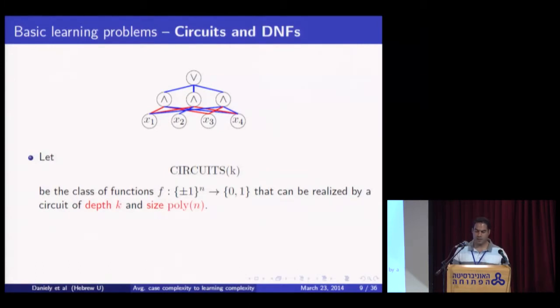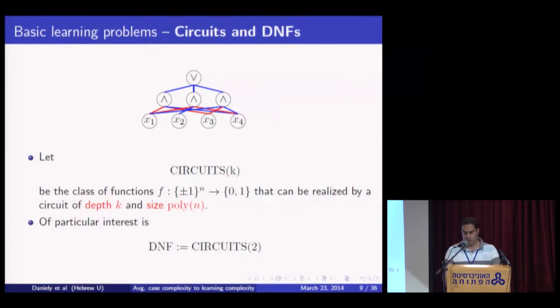We denote by circuits of depth k, for a constant k, the class of functions from the Boolean cube to {0,1} that can be realized by a circuit of depth k and size polynomial in n. And of particular interest in machine learning is the class of DNF formulas, which is simply the class of circuits of depth 2 and polynomial size.